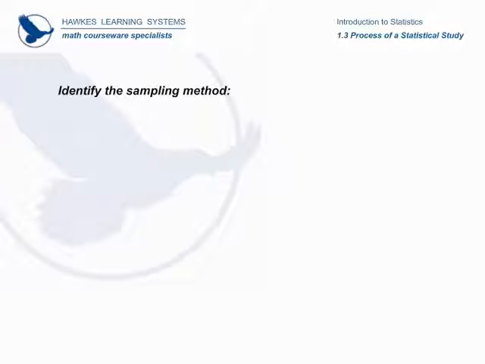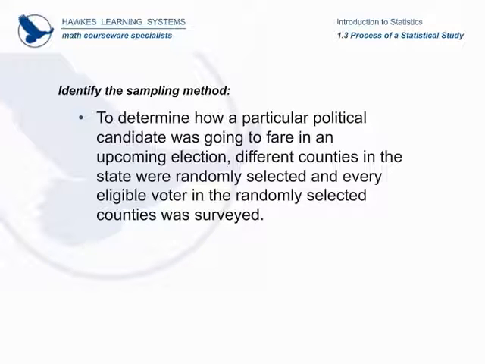Okay, let's continue on identifying the sampling method. How about this scenario? To determine how a particular political candidate was going to fare in an upcoming election, different counties in the state were randomly selected, and every eligible voter in the randomly selected counties was surveyed.